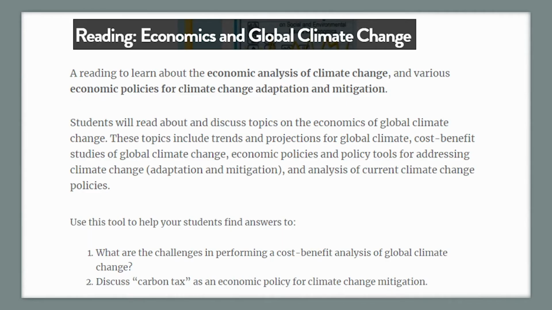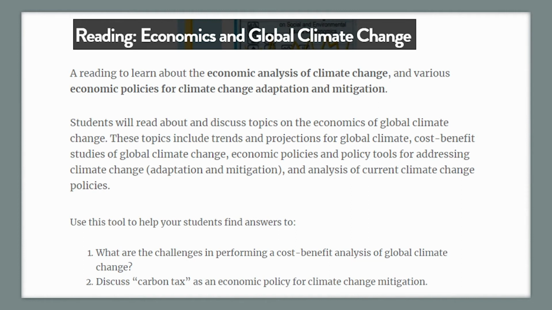A reading on the economic analysis of climate change and various economic policies for climate change adaptation and mitigation. Through this reading, your students will be able to discuss topics which are very large scale on the economics of global climate change itself.